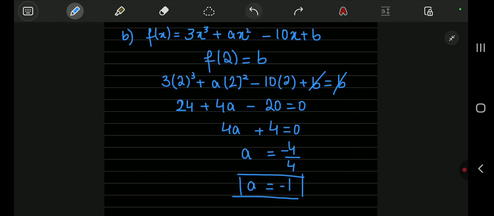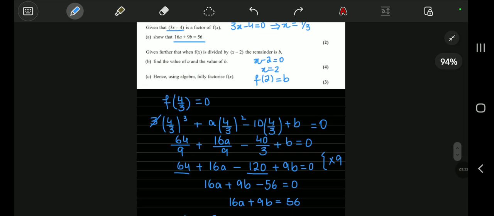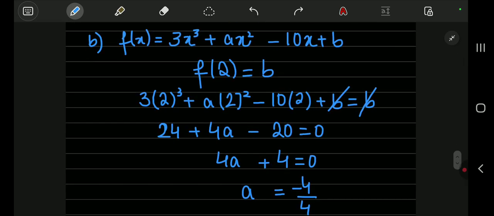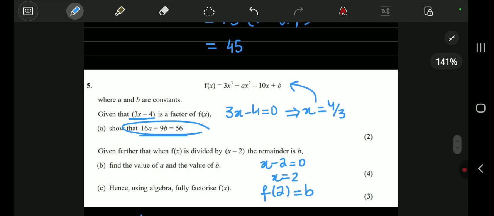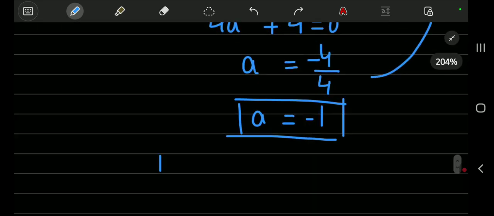Actually we should not be substituting it in here, because if you substitute it in here, b and b will cancel out, so how can you find it? But we have another equation for this, and that equation is 16a plus 9b equals 56. So let's substitute in that.